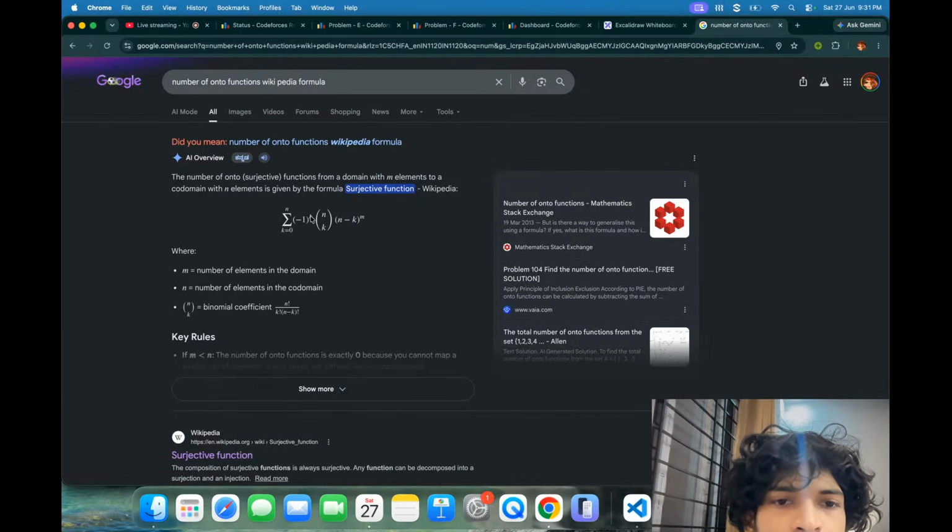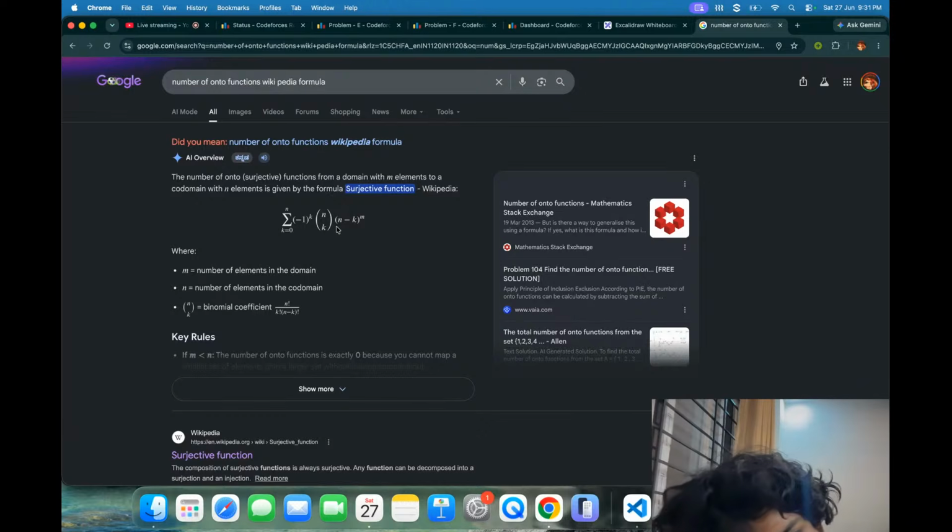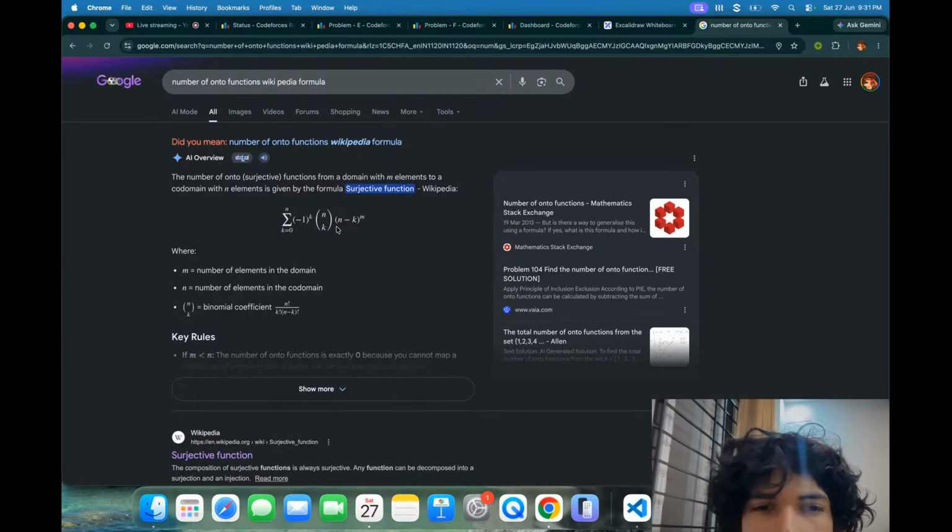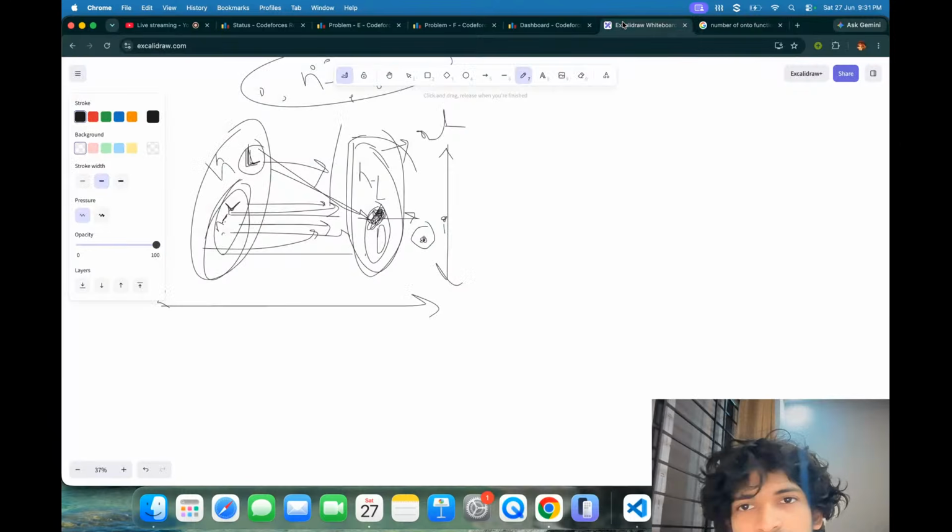See, it's always nCk into n minus k whole power m. But if m is changing, why is it n minus k whole power m? After removing, okay, this is from m to n, I think. Why can't it be reverse? Let me write it in the reverse direction. I know the formula. Why am I even looking at this? I can just write it, I think.